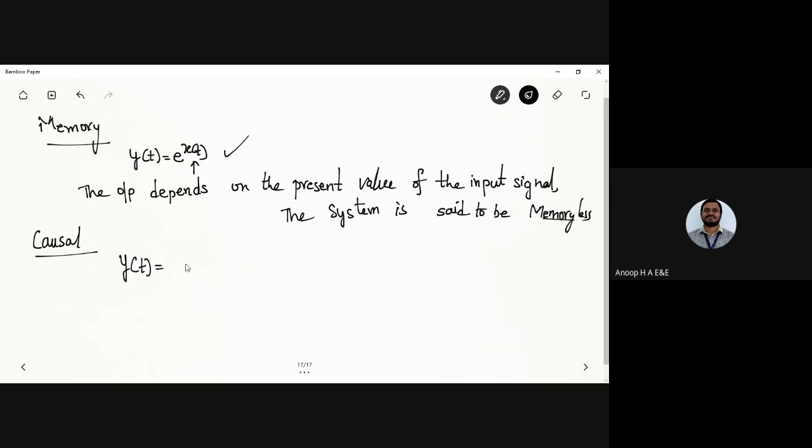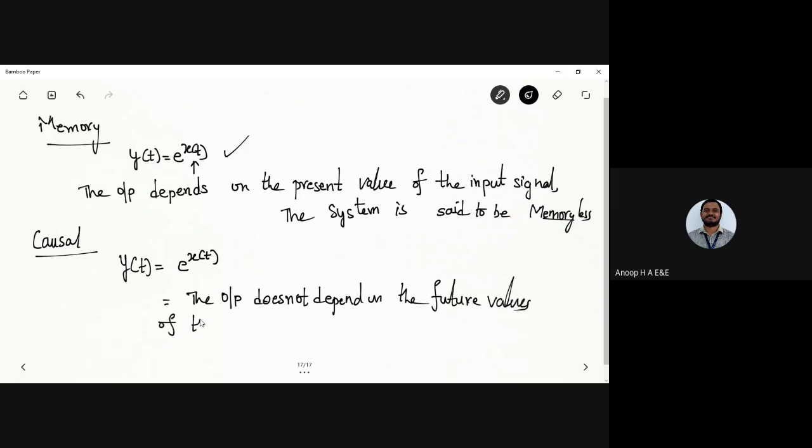So e power x of t, the output, does not depend on future values of the input.